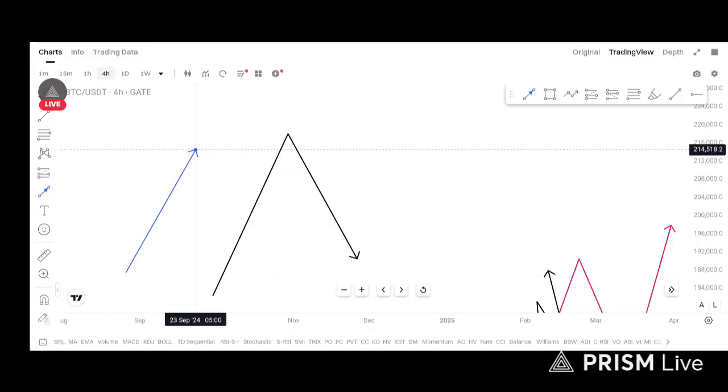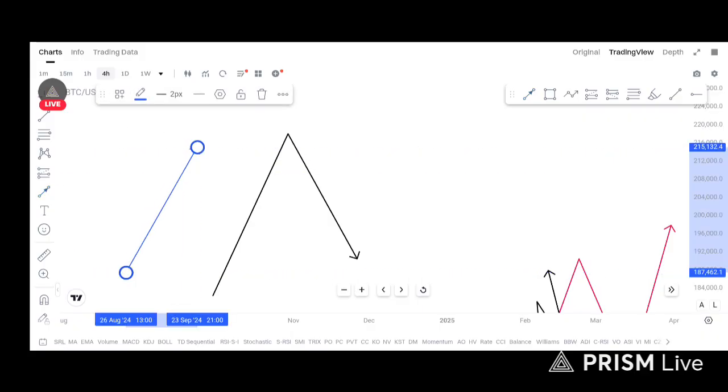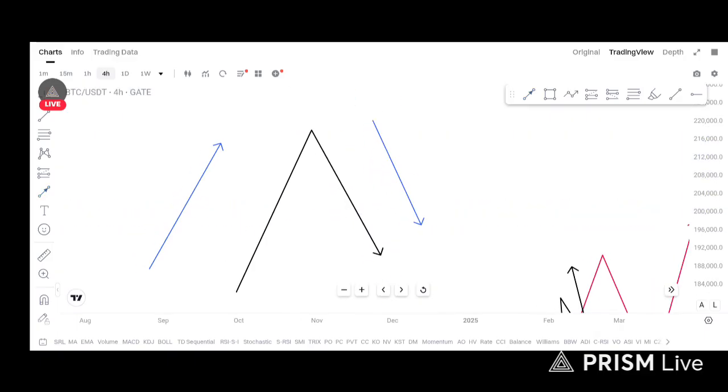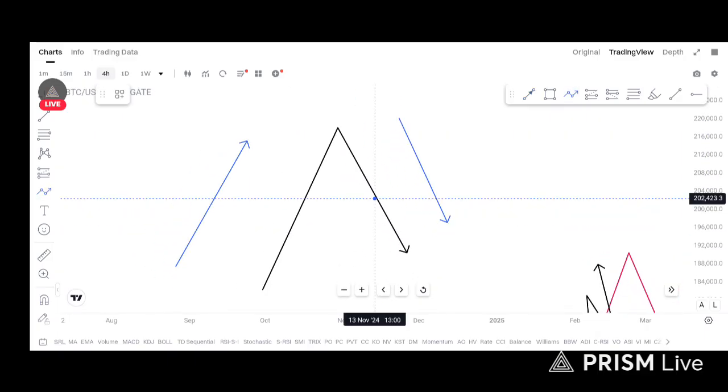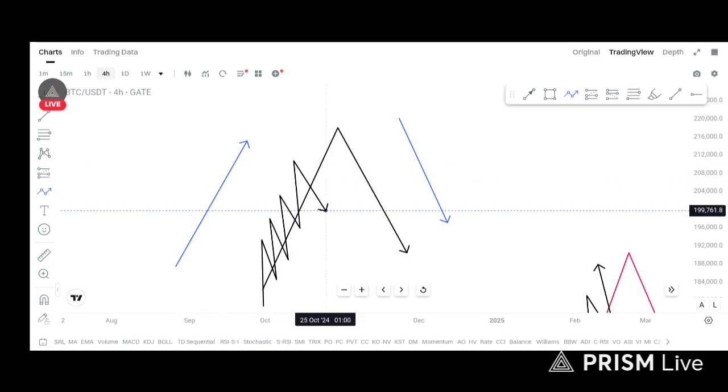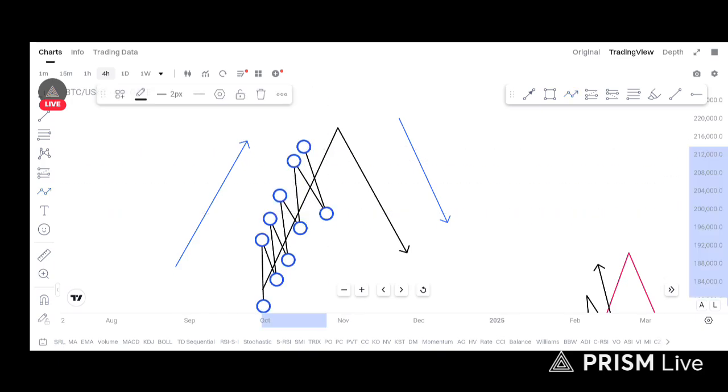This is our impulsive move, and this is our correction. Okay, very good. Now we have our lower time frame, which is the 1-hour time frame, doing this move, gently going in an uptrend. Remember, the market is not always going to be perfect.